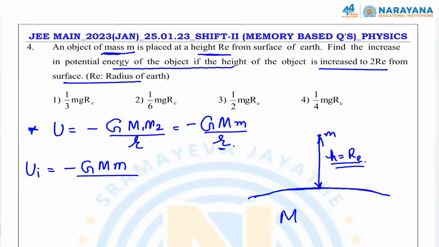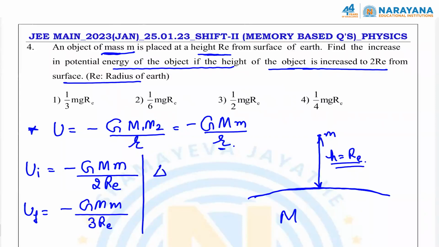If it is at a height h equal to Re, then the distance will be 2Re. And for the final value, the height is increased to 2Re, so the distance from the center becomes 3Re. And we can subtract these two to find the change in potential energy.